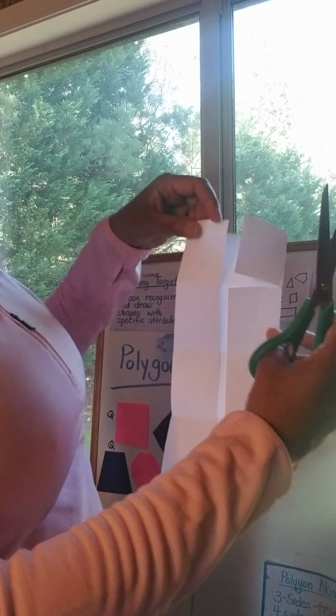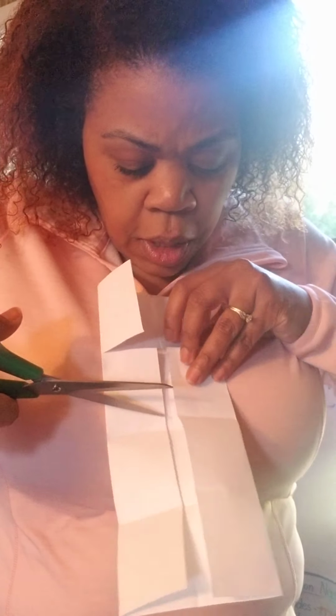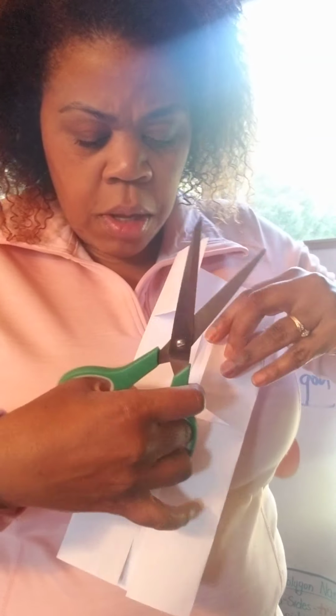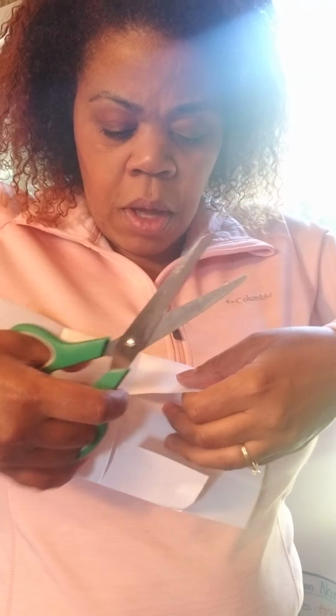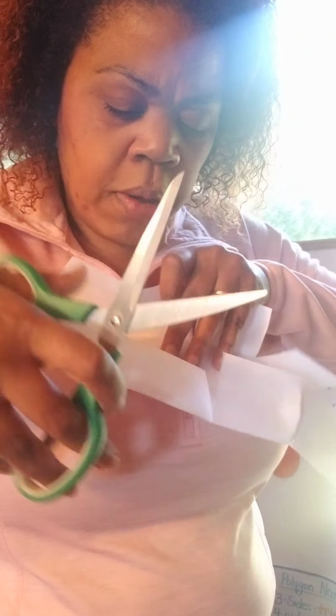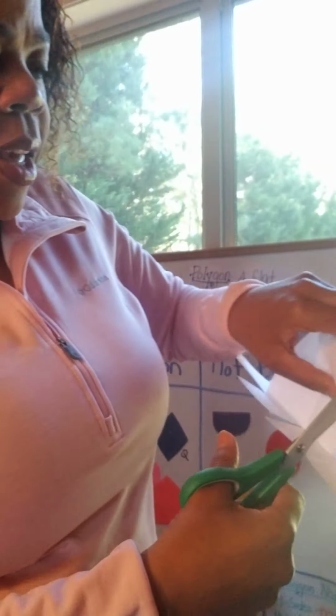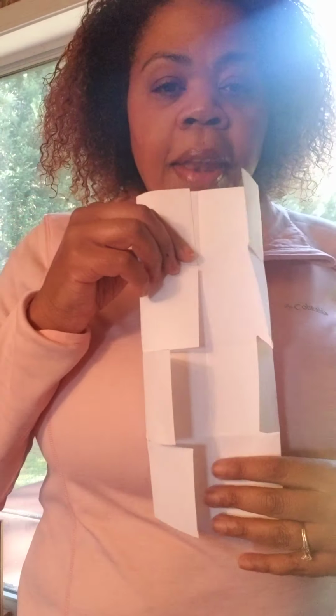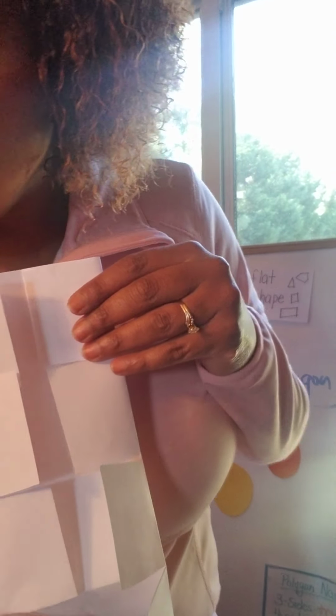So we cut there, cut there, cut here, cut here. And you can do a lot of fun things with books like these. And there you go. There's your book.